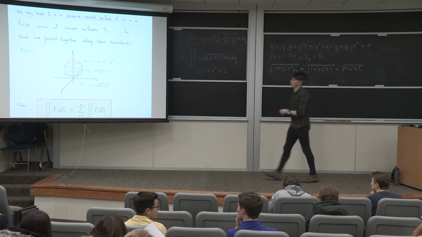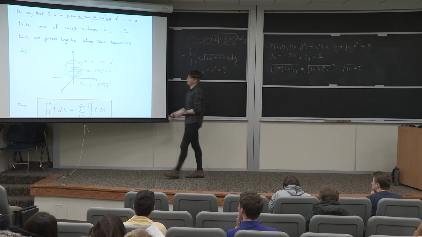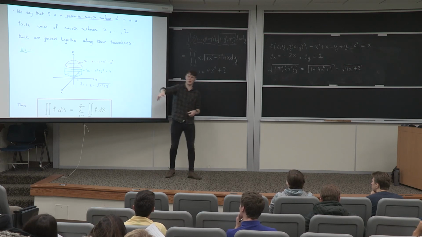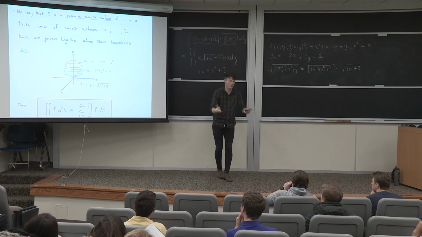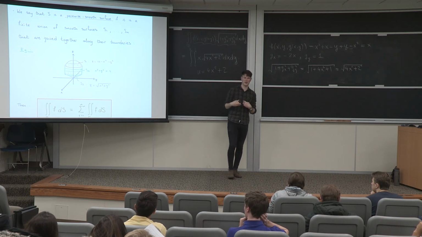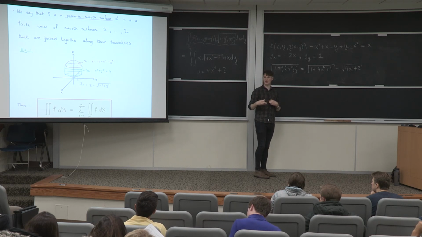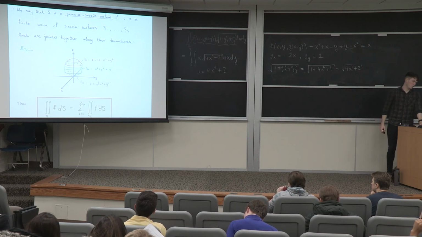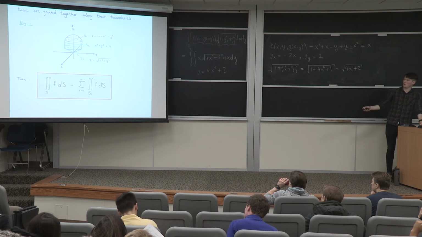If you want to integrate a function over this entire thing, you integrate it over each piece separately and add it up. Does that make sense? So that's all this boxed formula means.